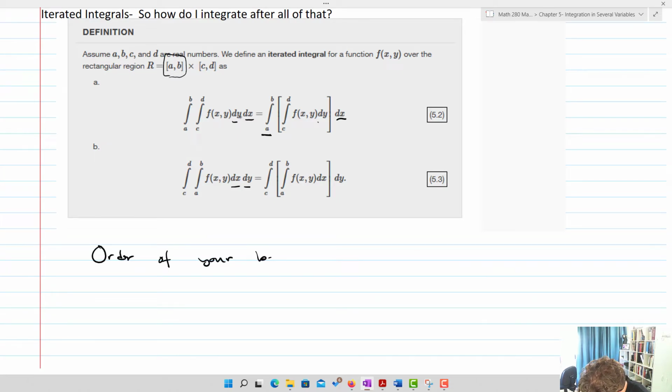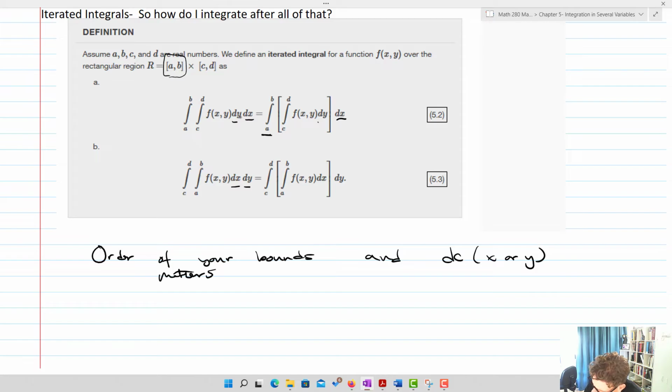The order of your bounds, dc, could be x or y, matters. They have to be in the right order.